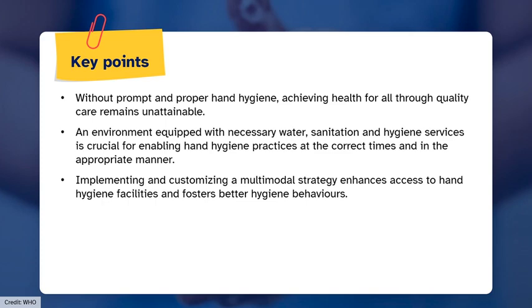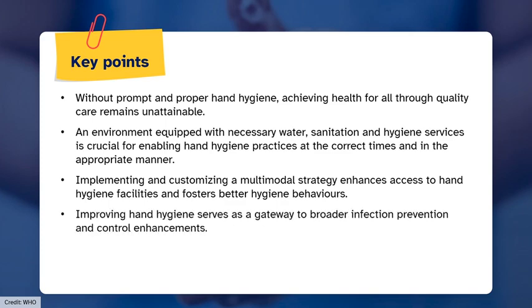Implementing and customizing a multimodal strategy enhances access to hand hygiene facilities and fosters better hygiene behaviors. Improving hand hygiene services is a gateway to broader infection prevention and control enhancements.